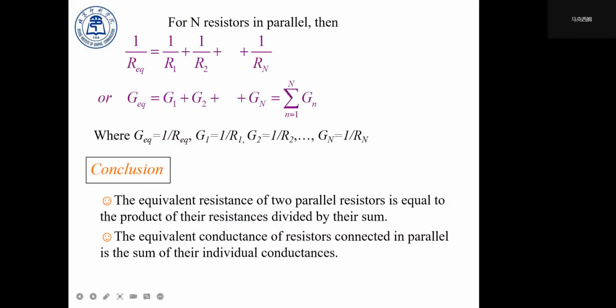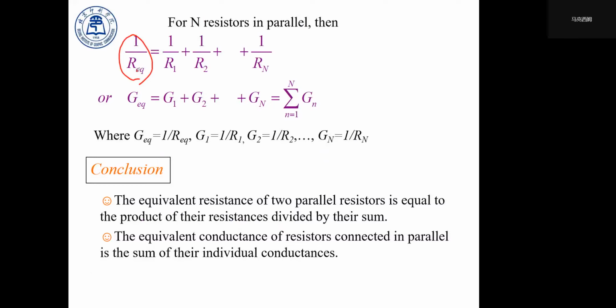And if we put several resistors in this parallel connection resistor network, we also have the relationship between the equivalent resistance and every single resistance in the parallel network. We also have this reciprocal sum relationship.